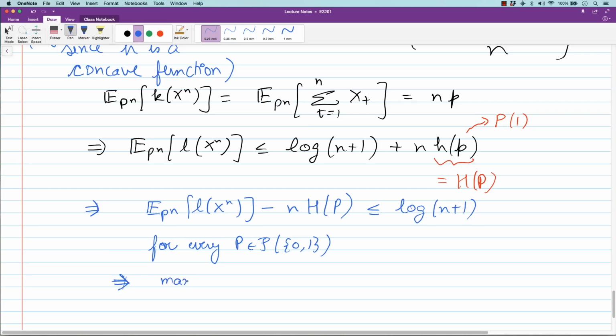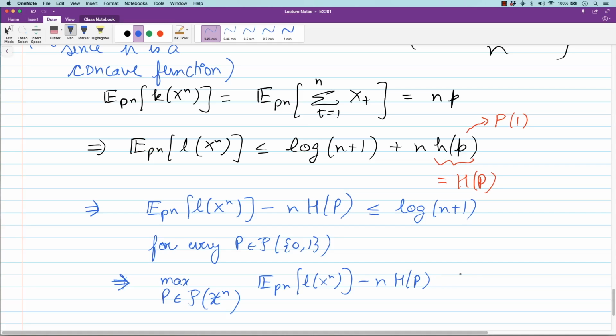So the max over p in the class of the average length of that scheme minus n times h(p). This n h(p) is the average length of the scheme which knows the distribution, which knows the probability with which ones are coming.